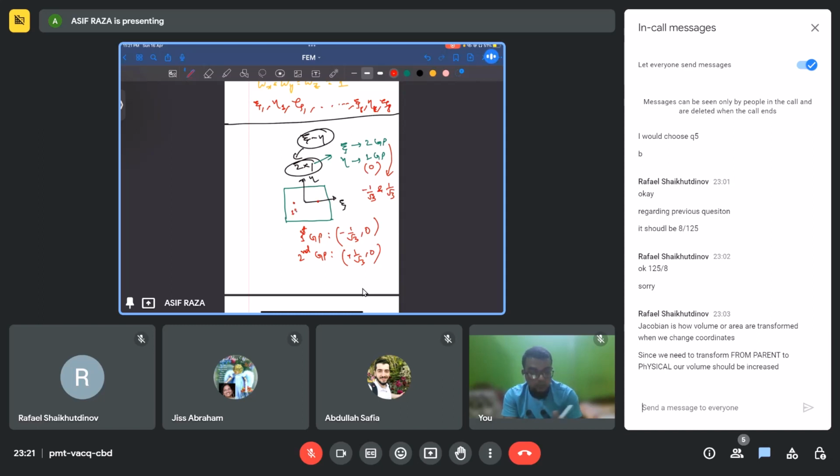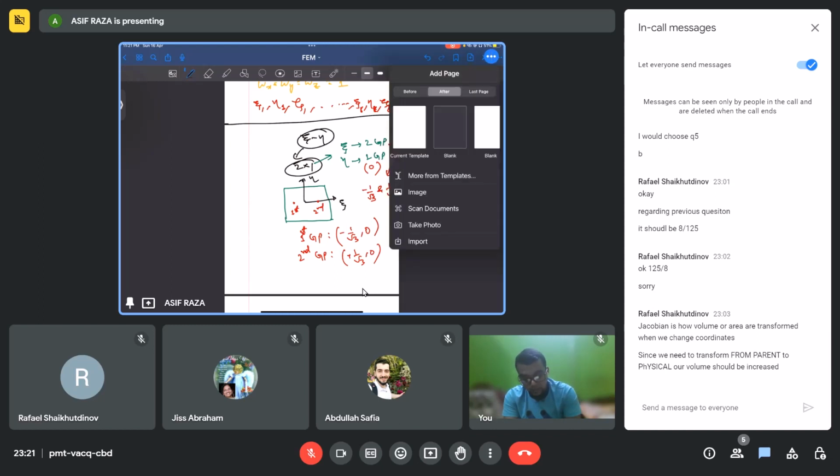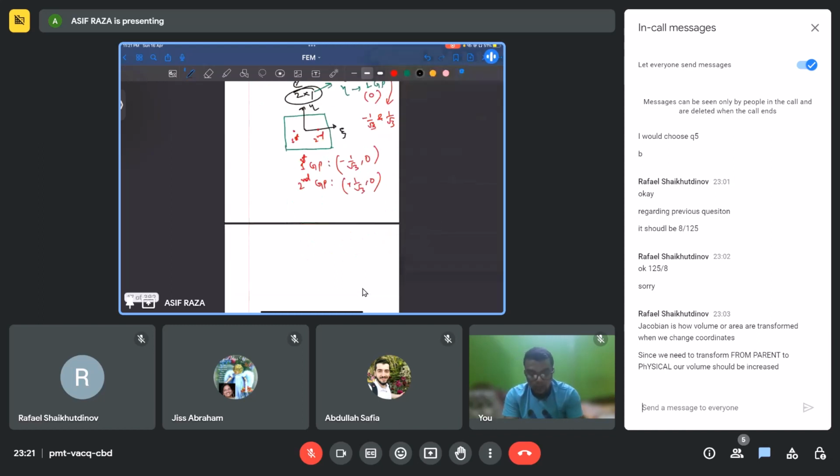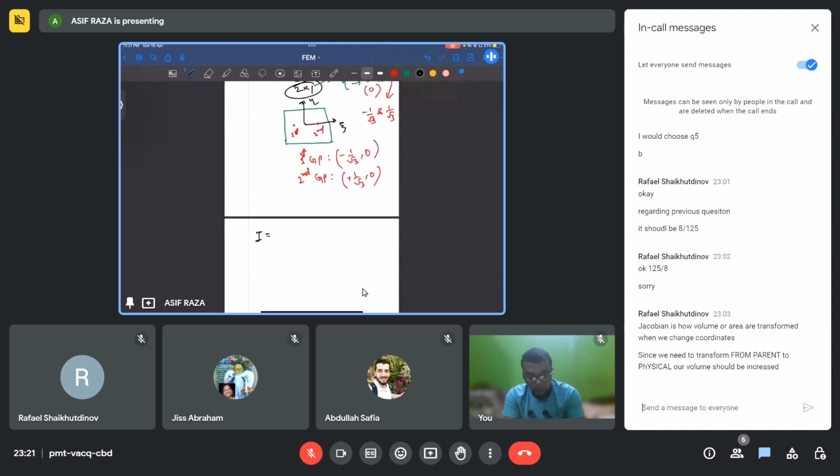So if I try to find the integral, it will have a weight function corresponding to the xi coordinate system, looking at the first Gauss point, and with respect to eta at this point, times f of xi 1, eta 1.